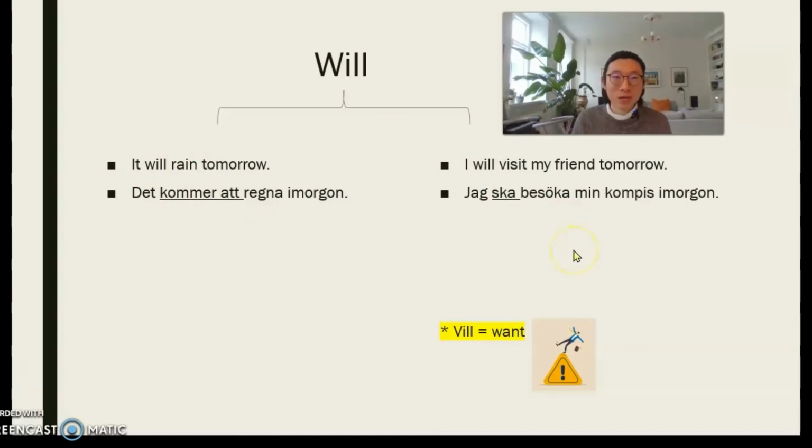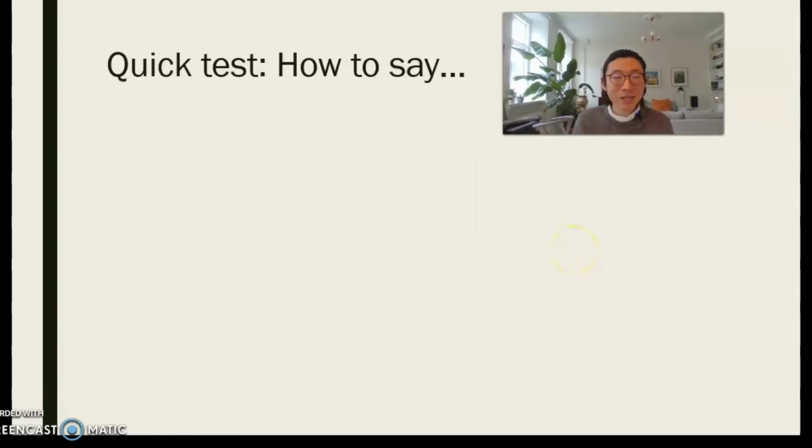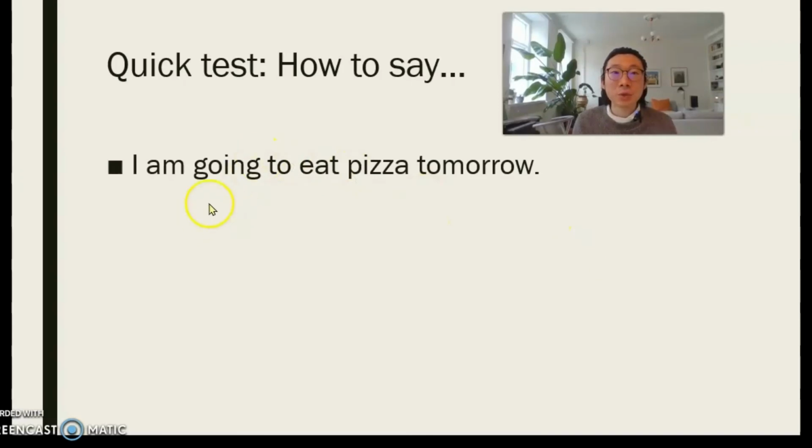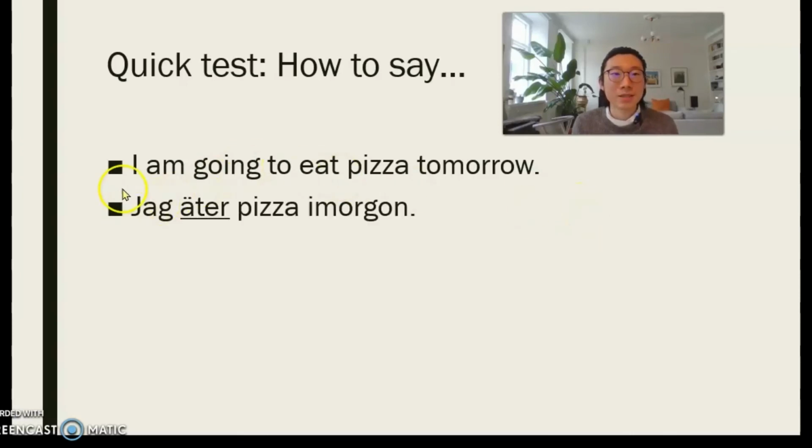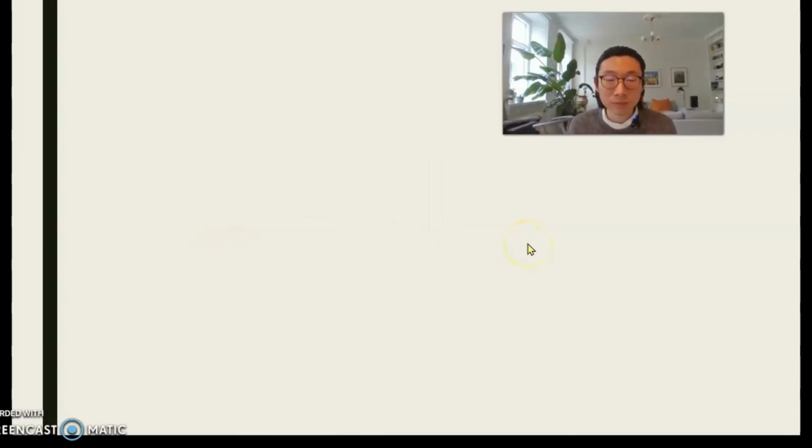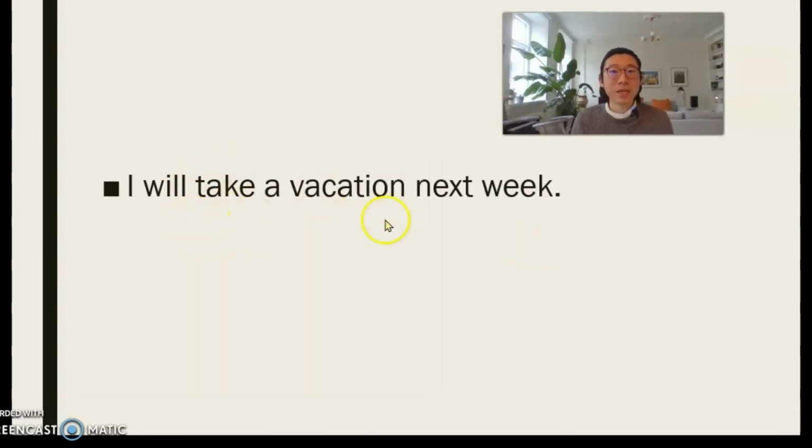Now let's do a quick test together. How to say "I'm going to eat pizza tomorrow"? Yes, that's "jag äter pizza imorgon." How to say "I will take a vacation next week"?